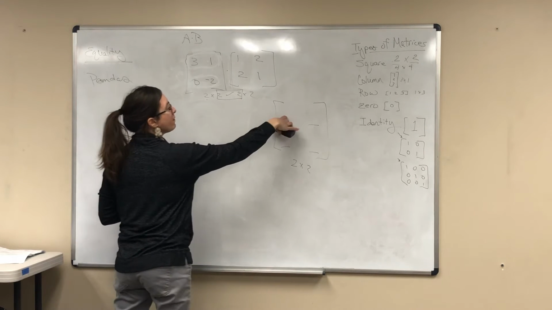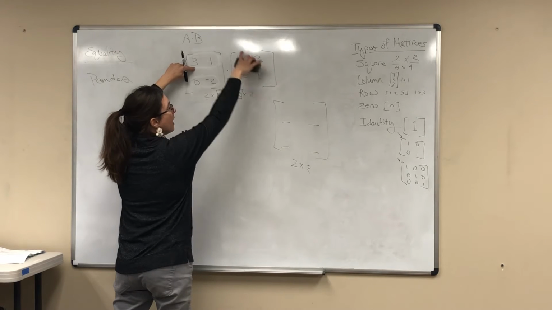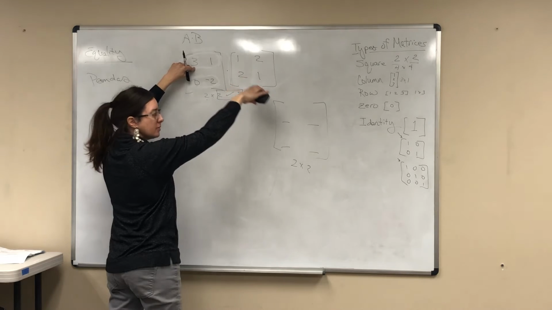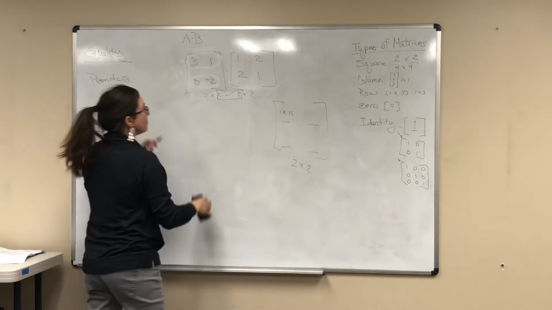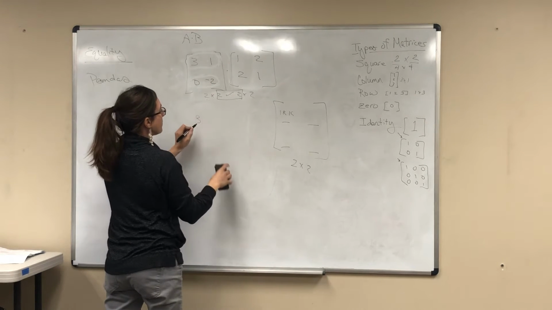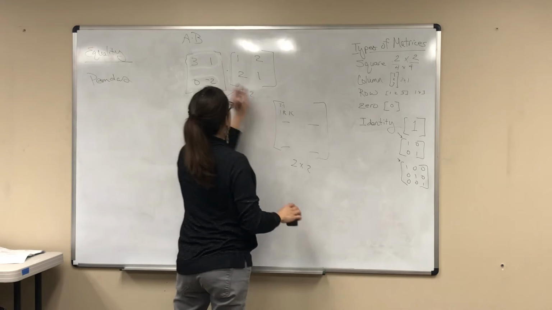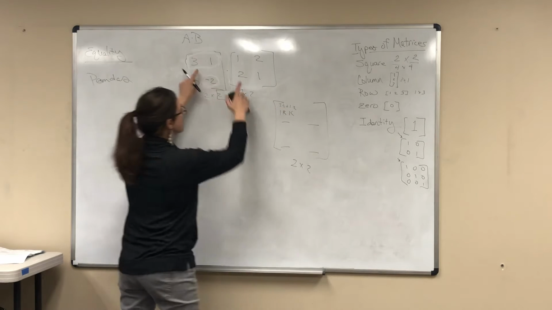For the first space, I need the first row and the first column. So I have 3 times 1 plus 1 times 2. See how we got those?